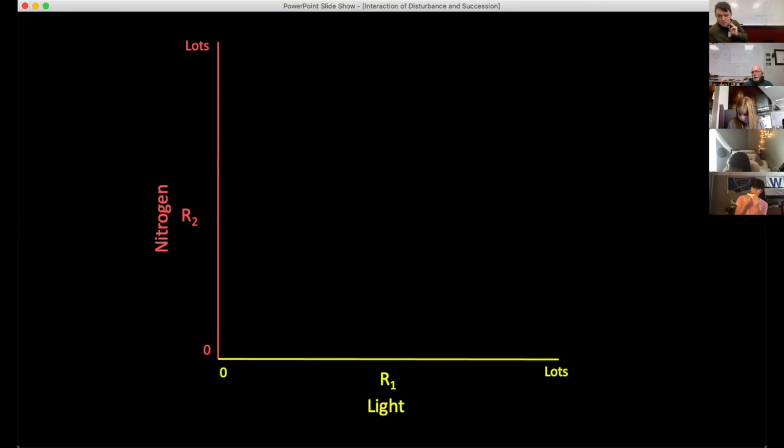So we can imagine, if we're thinking about light and nitrogen as two resources, you could put whatever resources you wanted to on this graph, but I think it's informative to think about these two.